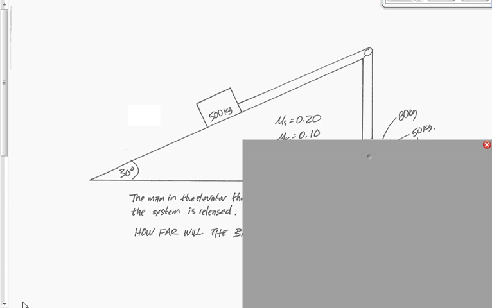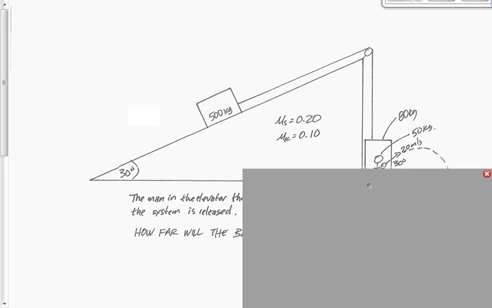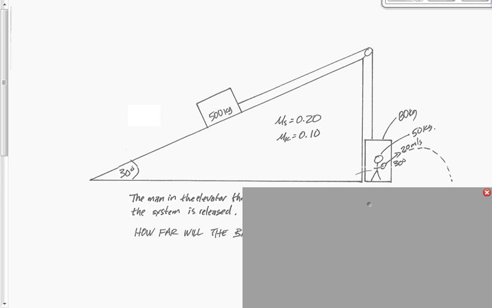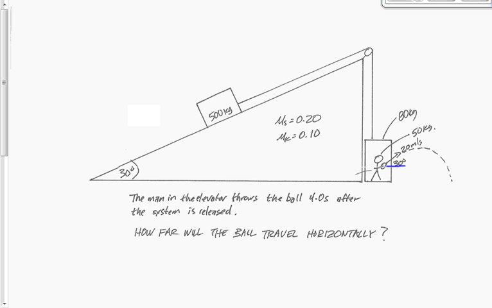What are these masks sticking up there? Oh, that's the elevator, with the guy inside the elevator. What is that, 20 meters per second there? Another 30 degrees. Oh, I see what that is. That's the ball that's being thrown from the elevator at an angle of 30 degrees, after the elevator's been allowed to move for 4 seconds.